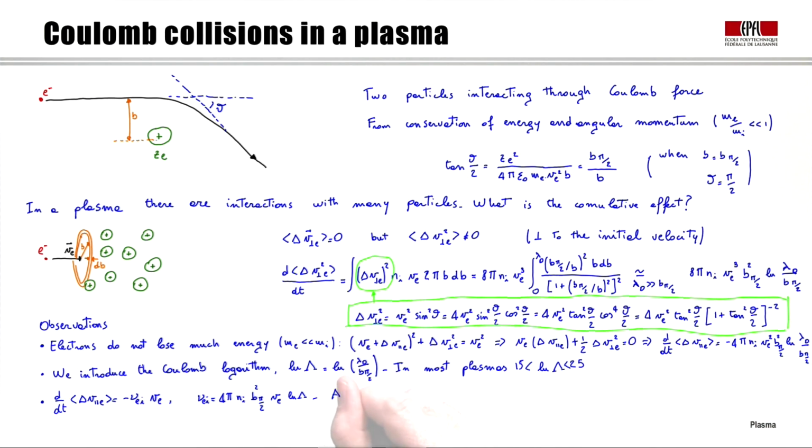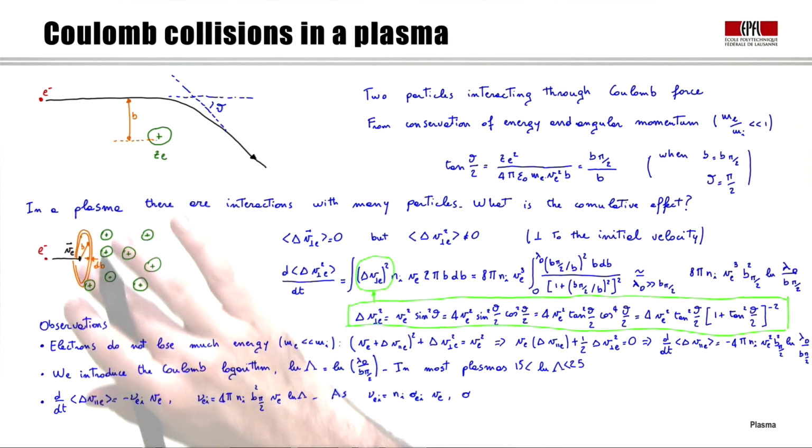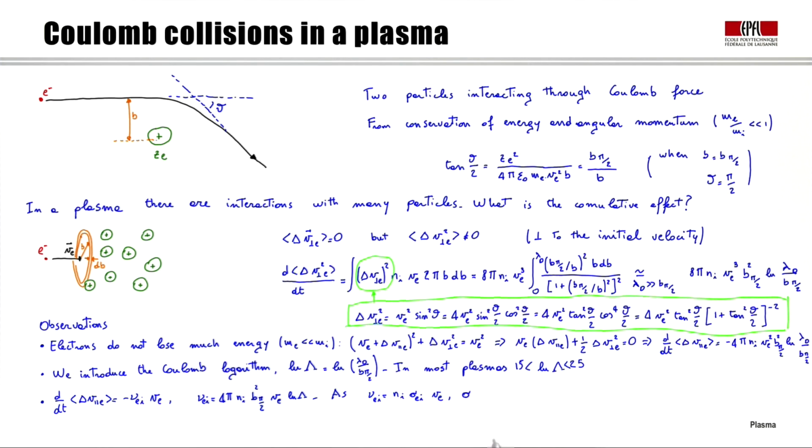Now, as the collision frequency is associated with a cross-section through the formula that follows, we have that the effective collision frequency for the incoming electrons impacting against the ions is equal to 4 pi b squared pi over 2 Coulomb logarithm.